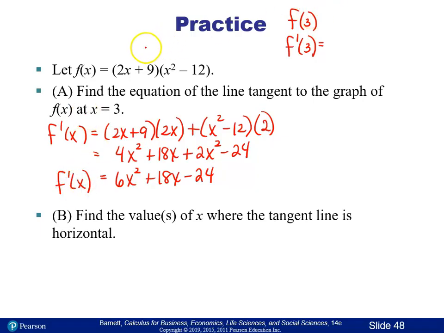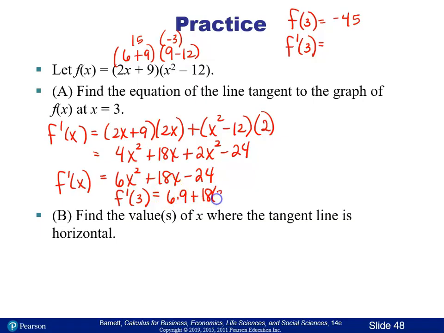Okay, if I plug 3 in up here, if I put 3 in this, it's going to be 6 plus 9 will be 15. And then if I put 3 in here, that's going to be 9 minus 12 will be -3. So I'm going to get -45. And if I put 3 into the derivative, I'm going to have 6 times 9 plus 18 times 3 minus 24.